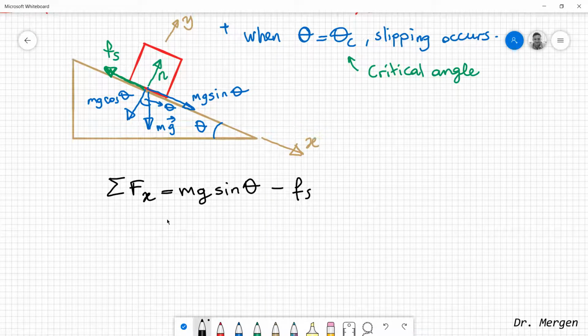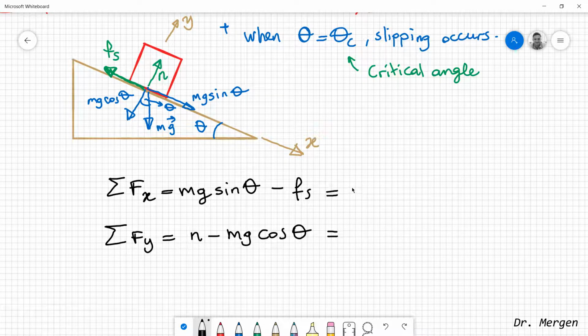The first one is coming from the mass of the block, m times g times sine theta, and the second one is the friction force we are looking for. And in the y direction, you have another two components. The first one is the normal force, and the second one is m times g times cosine theta. Since initially there is no motion in the system, both of the equations must be equal to 0.